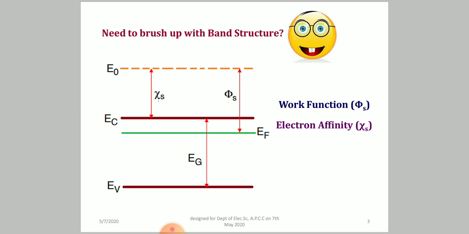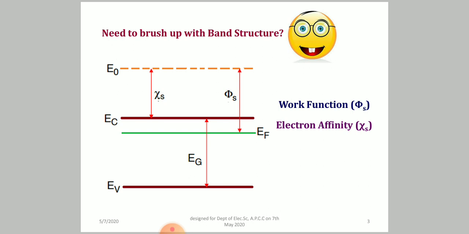Now, take a semiconductor. There is a conduction band, a valence band, and take it as a non-degenerate semiconductor, so the Fermi level is in the forbidden region.